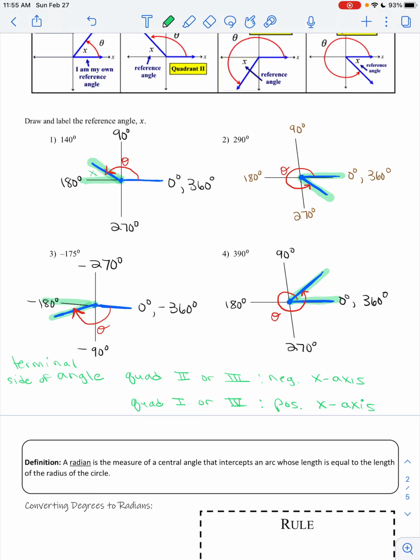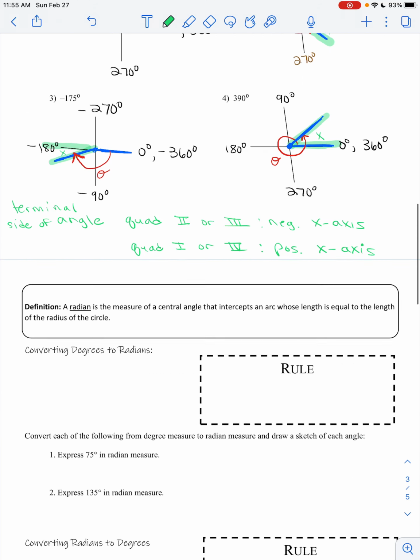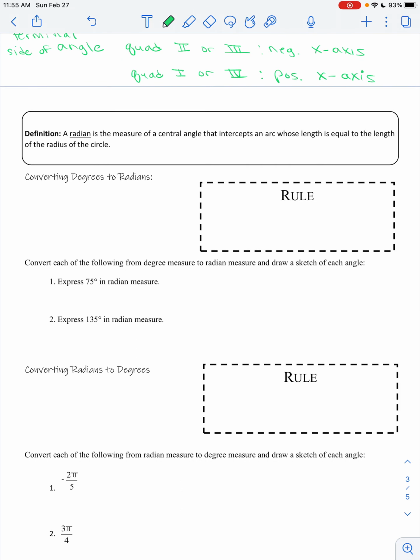So here I'm going to label that angle X that's highlighted in green. That's called your reference angle.